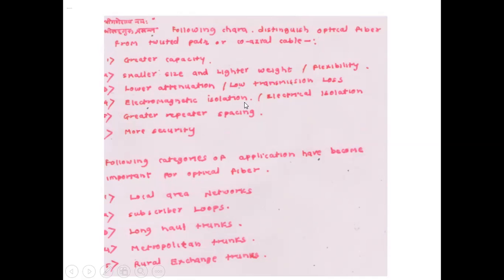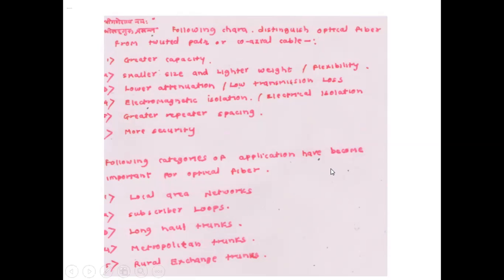Since the information or the data is converted into the optical range of 380 to 780 nanometers, other interference, electromagnetic interference, RF or these noises are not going to interfere with this visible range, and hence electromagnetic isolation or electric isolation is the main advantage of fiber optic cable over coaxial cable or twisted pair cable.